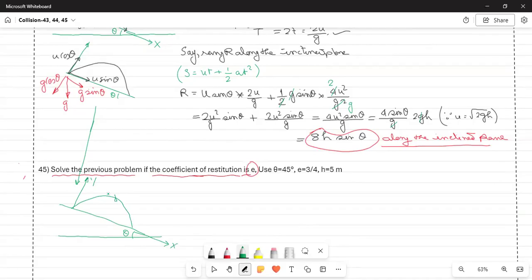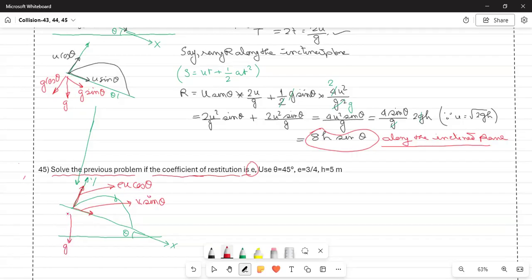The only change here, the Vy, that means the rebounding velocity in the y direction, instead of u cos theta, it will be e u cos theta, and the horizontal component remains the same as u sin theta.